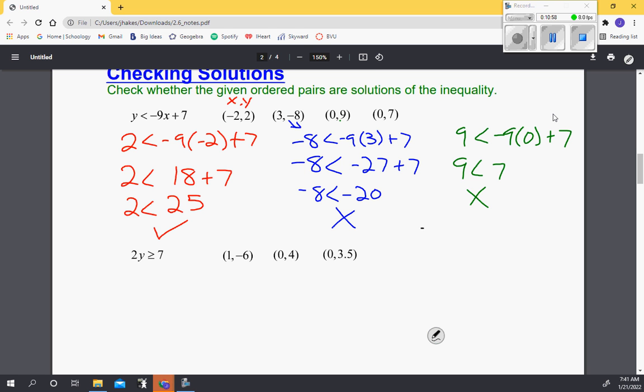We're going to plug in 7, 0. And we get 7 is less than 7. Is this true? The answer is no. All we do is plug in those values.